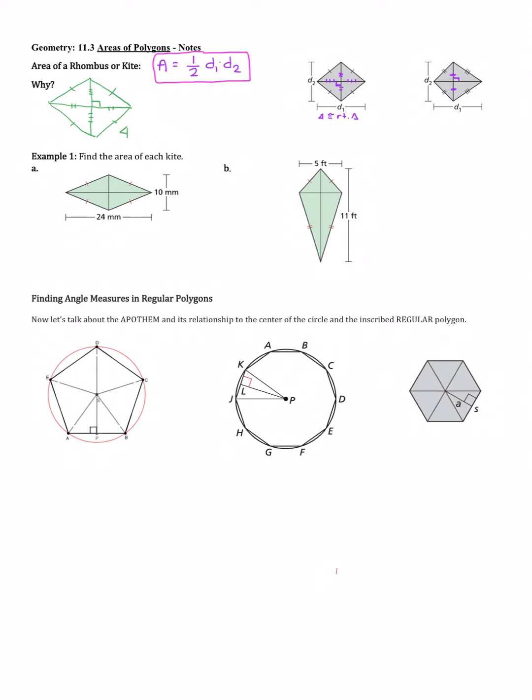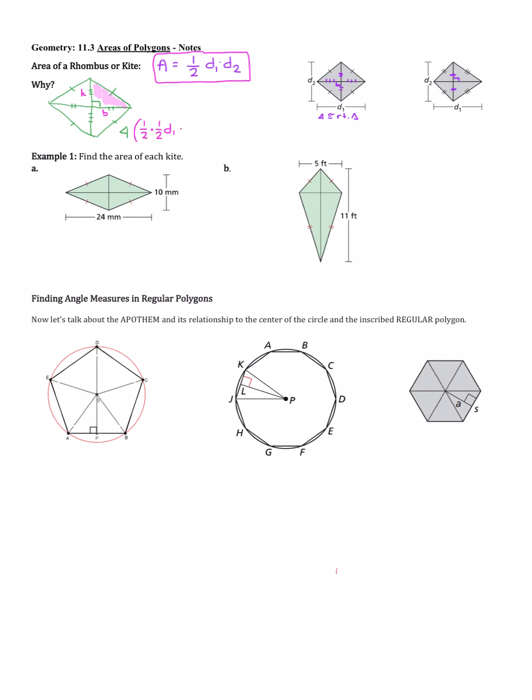Now if I just focus on one of the triangles, I'm going to focus on this triangle. And so we can notice that this is the base, this is your height. So the area of one triangle is 1/2 the base. But what is the base? The base is half of a diagonal. I'm going to call it diagonal 1.